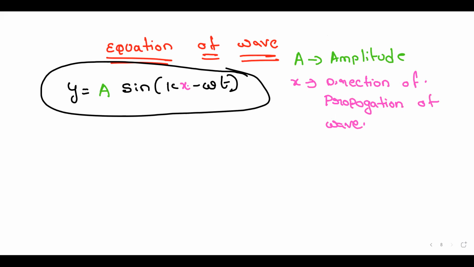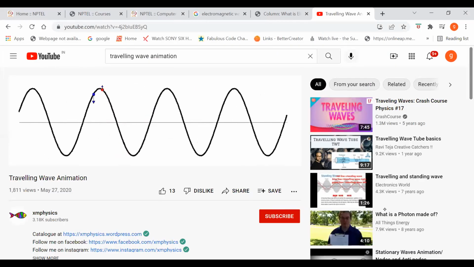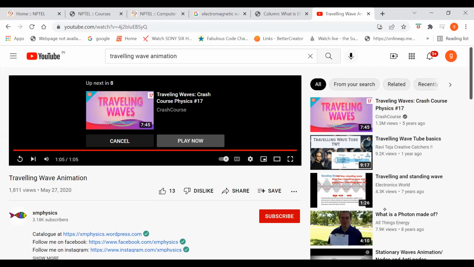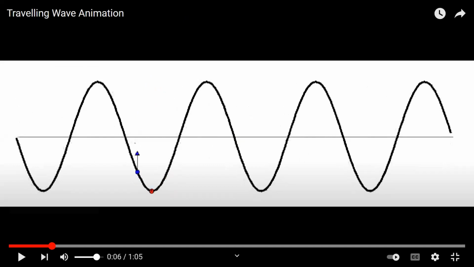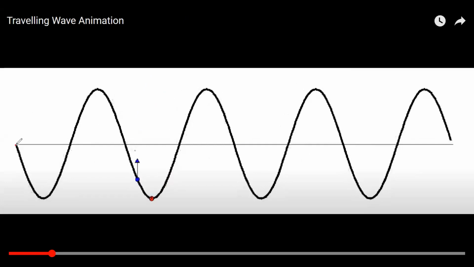Now look here. If you look at this wave, this is the y-axis, this is the x-axis.